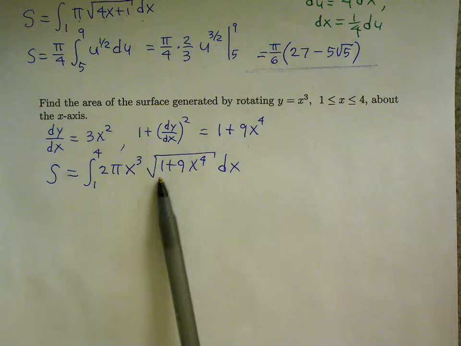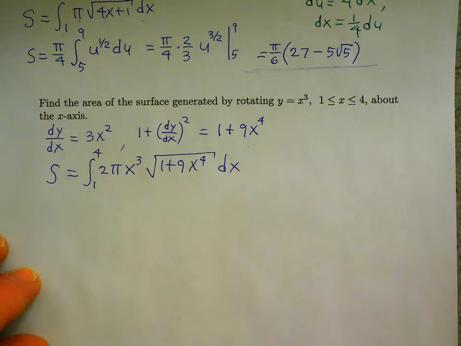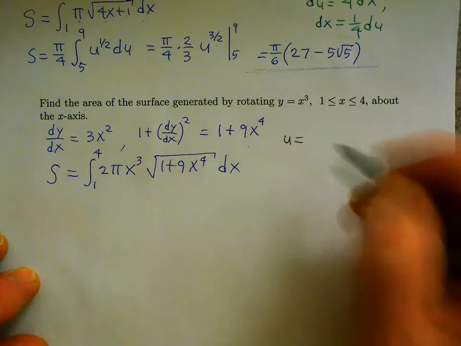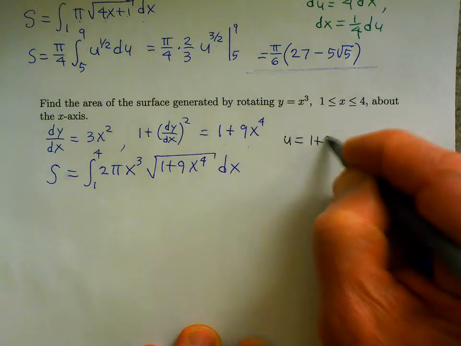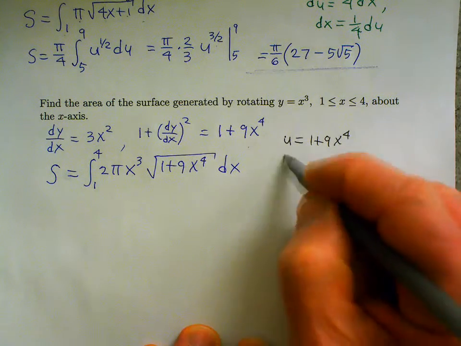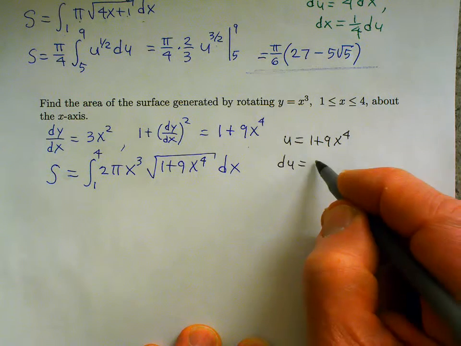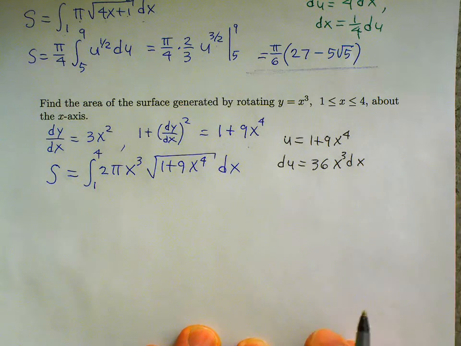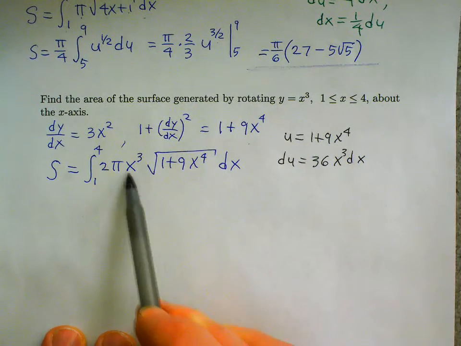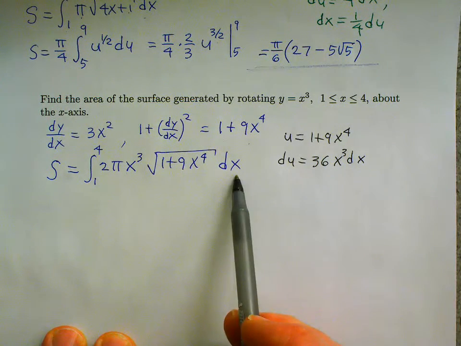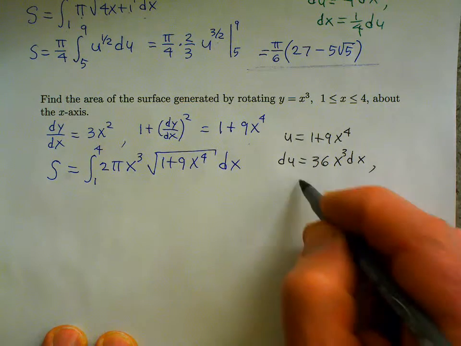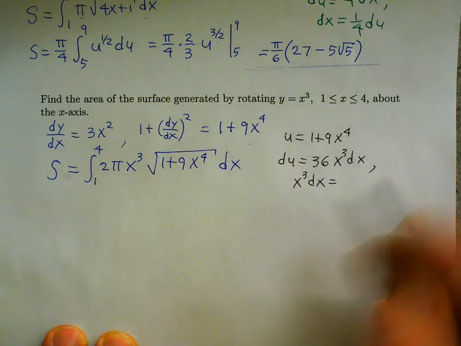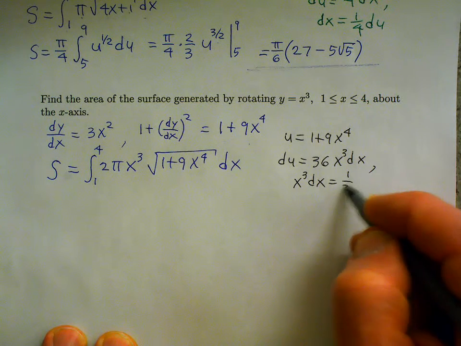So if we let u be equal to 1 plus 9x to the fourth, then du is 36x to the third dx. In our integrand, we see x to the third dx. So we'll keep x to the third dx, and that's going to be replaced with 1 over 36 du.